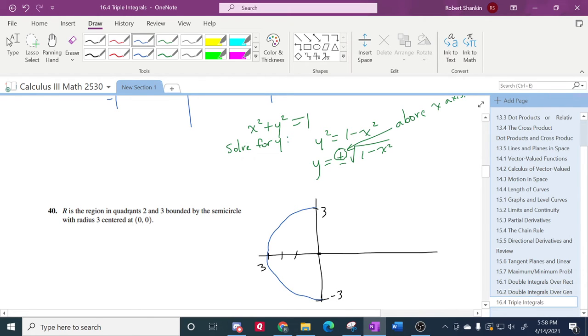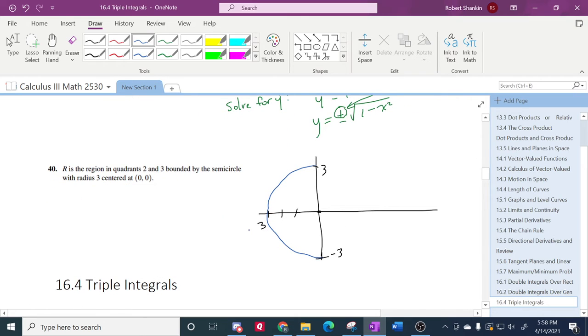All right, R is the region in quadrants 2 and 3. So that's the region R. Everybody okay with the picture on that? Yep. Okay, now Cameron, what were you saying? Wouldn't we, for a double integral, integrate with respect to y on the outer integral and with respect to x on the inner integral?